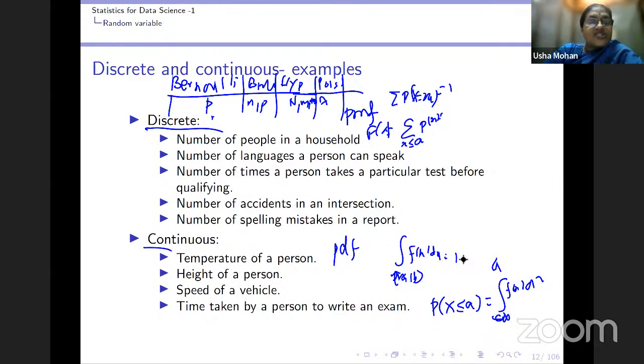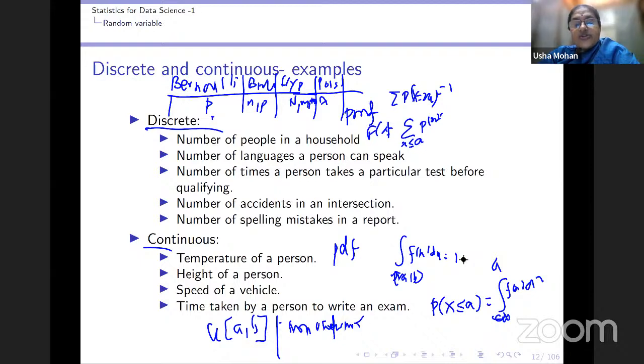In the continuous distributions, we started with a uniform distribution where I have the density, which is uniform in an interval. Here the mean is a plus b by 2. Then we saw a non-uniform distribution, a general non-uniform distribution and a triangular distribution. And then we looked at an exponential distribution.